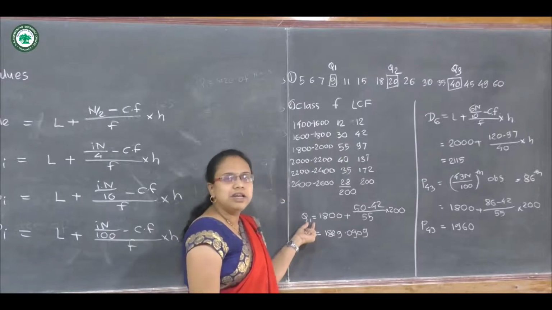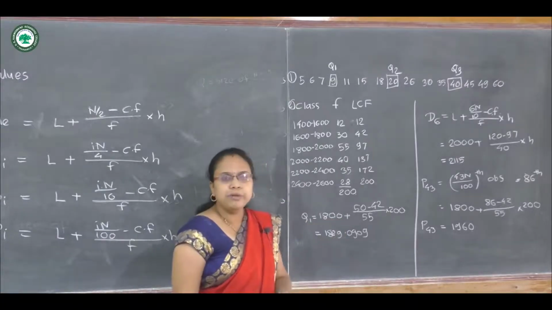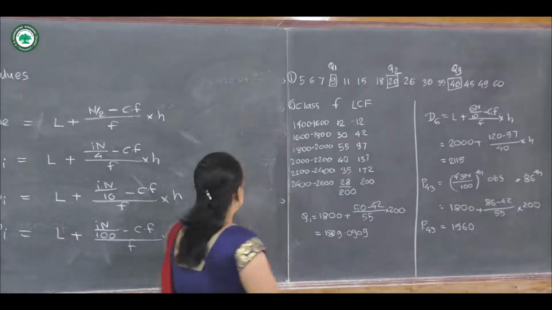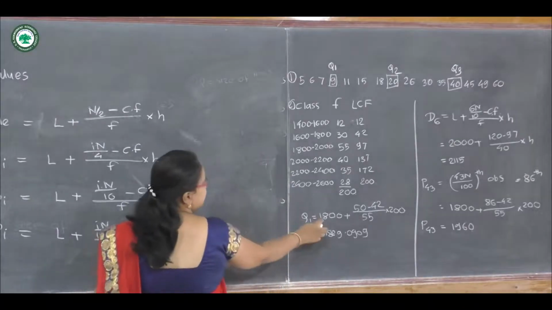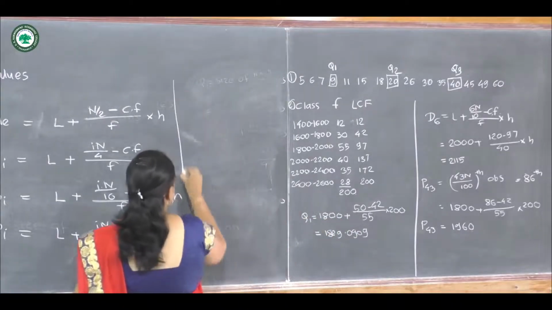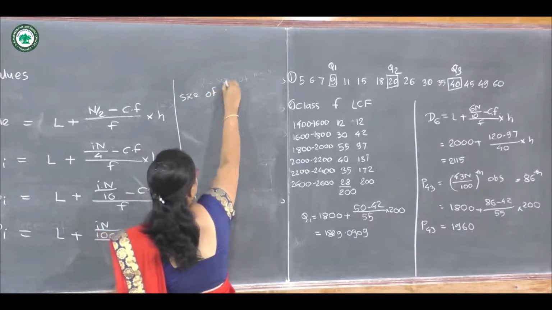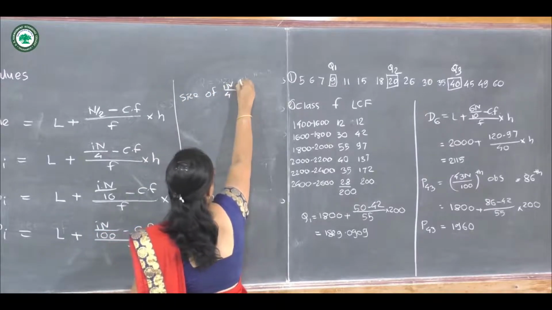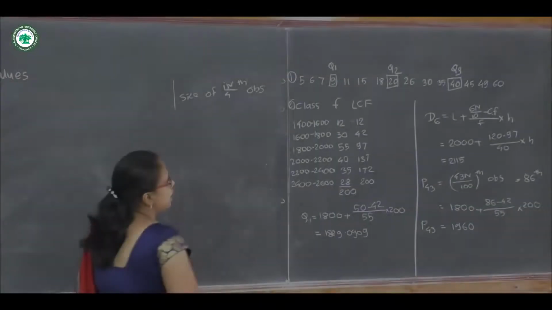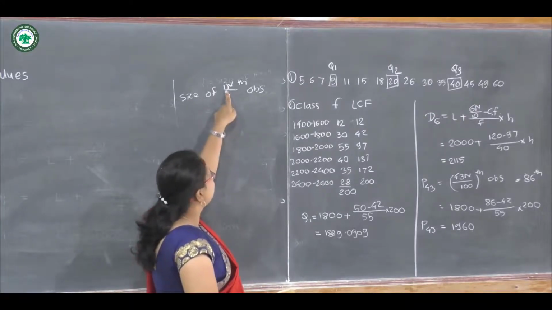So Q1 can be obtained by first obtaining the quartile class. For the first quartile, it will be the size of i into n upon 4th observation, substituting i equal to 1.